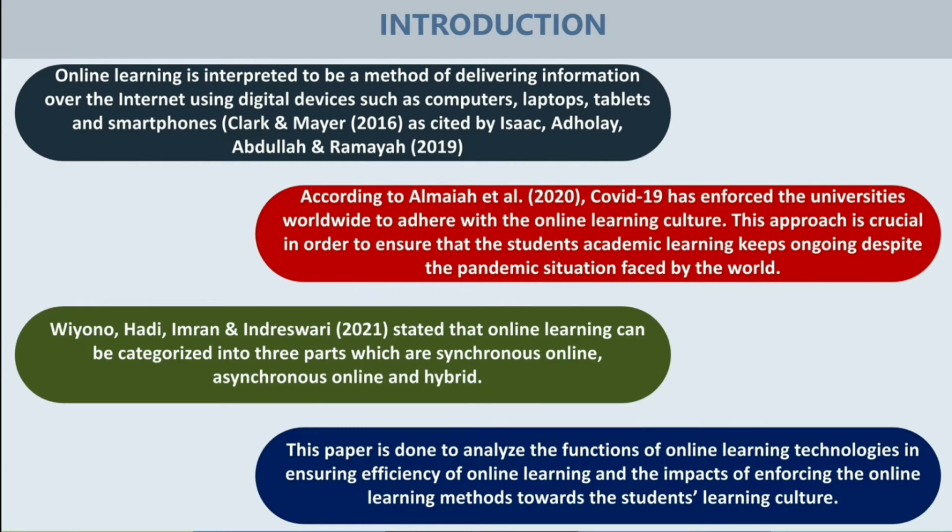This approach is crucial to ensure students' academic learning keeps going despite the pandemic situation faced by the world. Wiono, Hadi, Imran, and Indraswari 2021 stated that online learning can be categorized into three parts: synchronous online, asynchronous online, and hybrid. This paper is done to analyze the function of online learning technologies in ensuring the efficiency of online learning and the impacts of enforcing online learning methods on the students' learning culture.